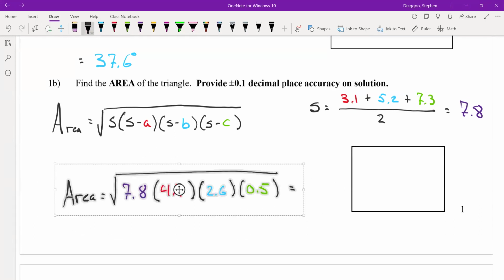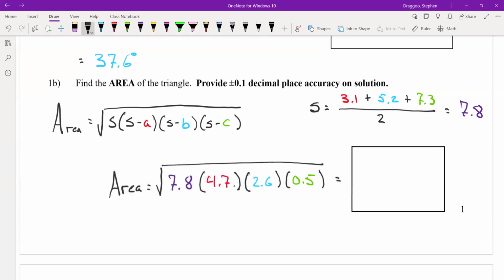And throw that all in a calculator and set it up so that it's right next to the answer box. I got 6.90. And we should make sure we put the correct units on this area. I know it should be square units because I'm measuring area.